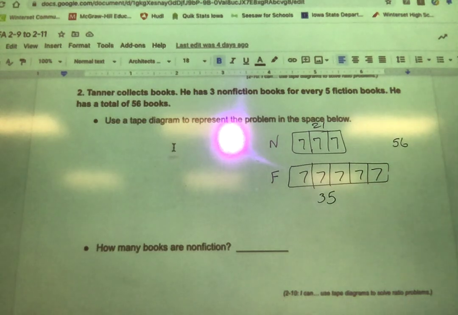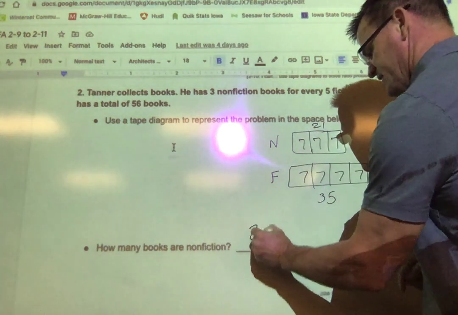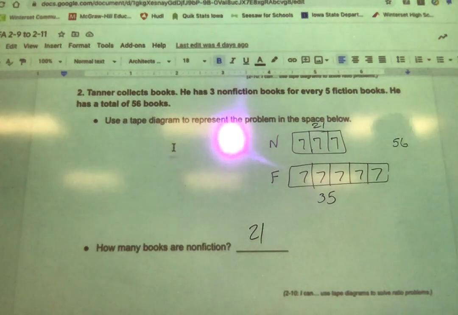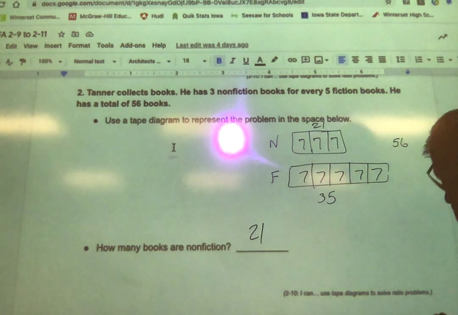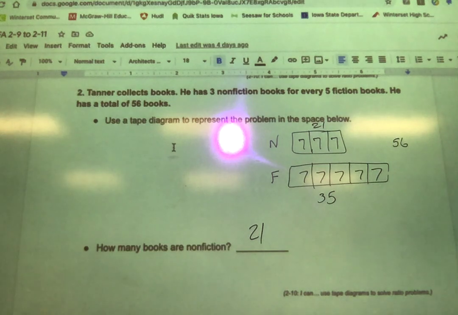And on this one, they just want to know how many books are nonfiction. And my answer here would be 21 of those nonfictions. Again, I double check, 35 plus 21 is 56, and I kept it at that same 3 to 5 ratio the whole time there. So 21 nonfiction books. Again, make sure you're writing these, and then we'll continue to the other side here.